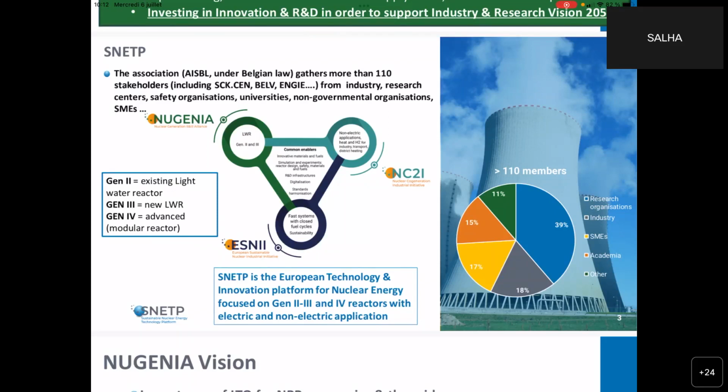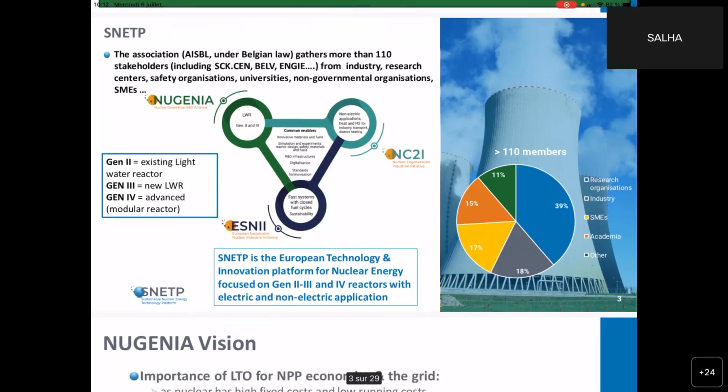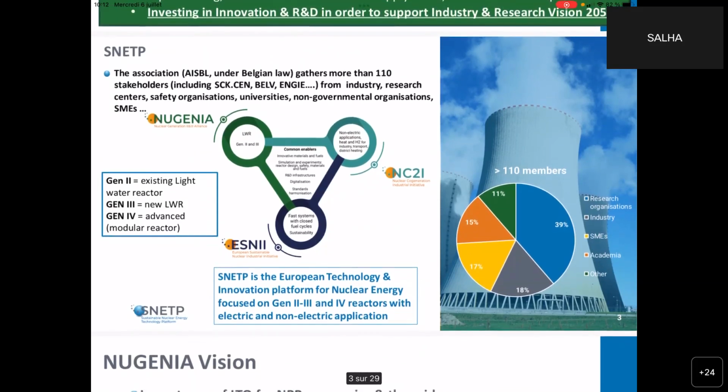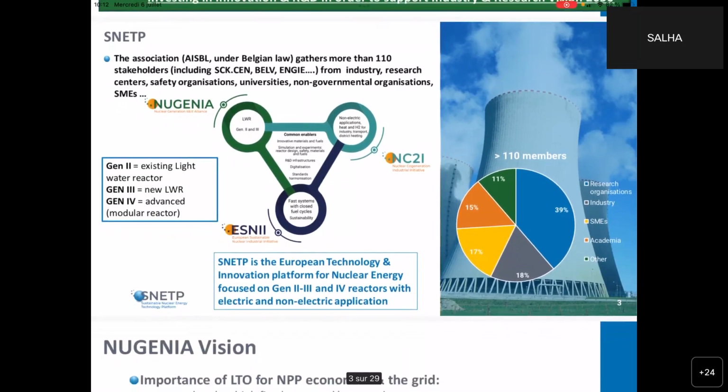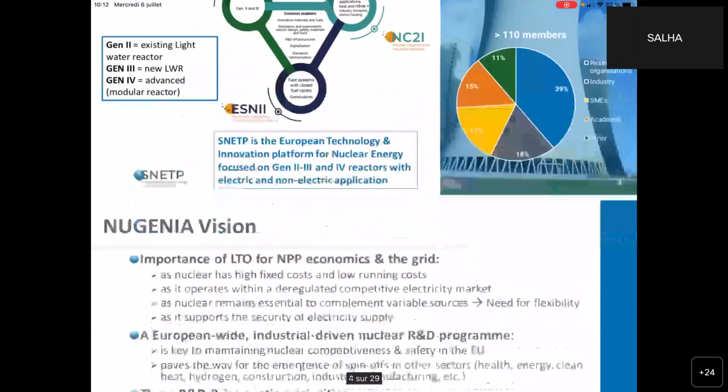Of course, all these three types of activity are closely linked because we have many common factors. Let's take the example of R&D infrastructure or simulation codes and tools. There is in fact a continuity between generation 2 and 3, generation 4, and cogeneration reactors. So what I'm going to do is to describe very rapidly the vision of these three pillars.